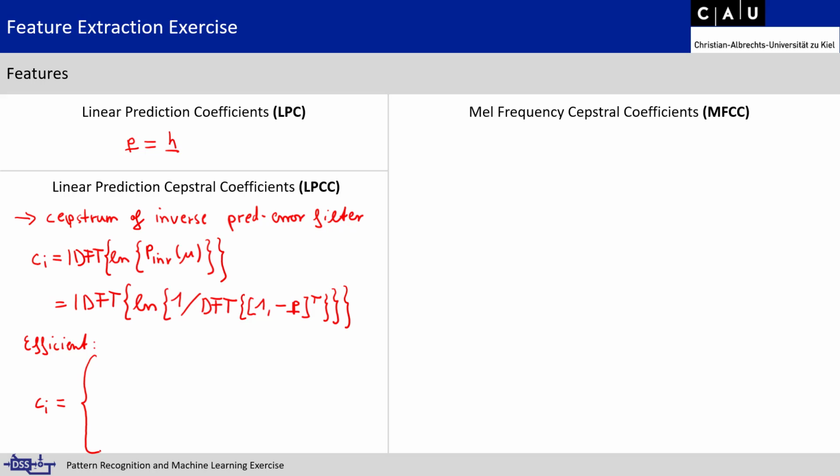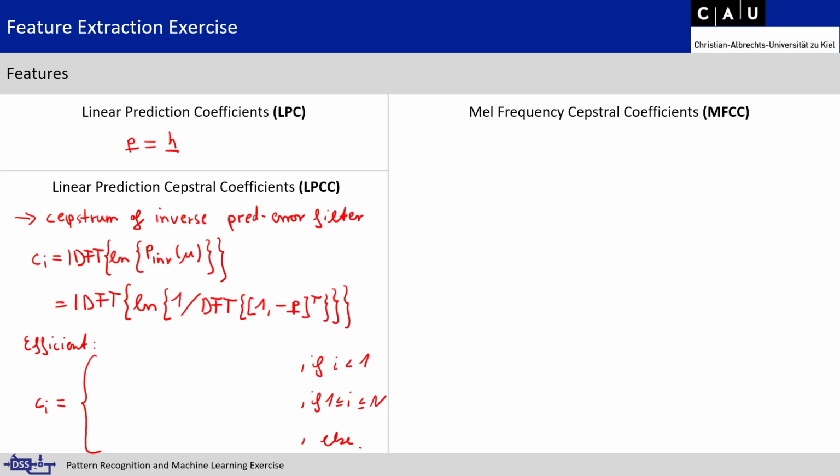And we have 3 cases. One, when our index i of our features is smaller than 1. Then the next case is when we are with our index between 1 and n, being the prediction order, of course. And then we have all the other cases where our i is, of course, greater than our prediction order.